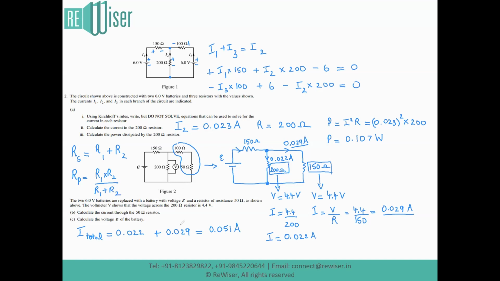Using this, we can find out the value of resistance as R total is equal to the parallel combination of the two resistors, that is 200 and 150, as 200 times 150 divided by 200 plus 150, which is 350.